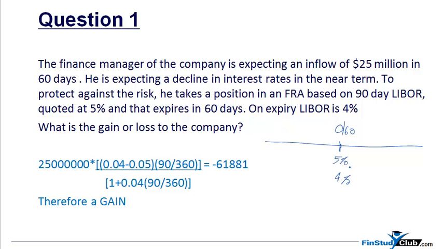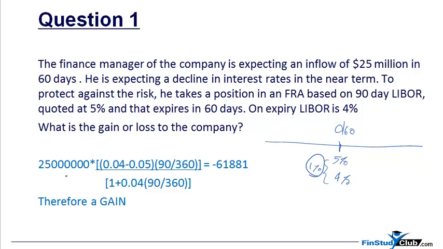So given that the company has taken a short position, it has locked itself into a lending rate of 5%, and if the actual lending rate turns out to be 4% at that point of time, the company is better off, because the FRA has effectively given a 1% advantage to the company. Now this 1% advantage translates into what amount of dollars?